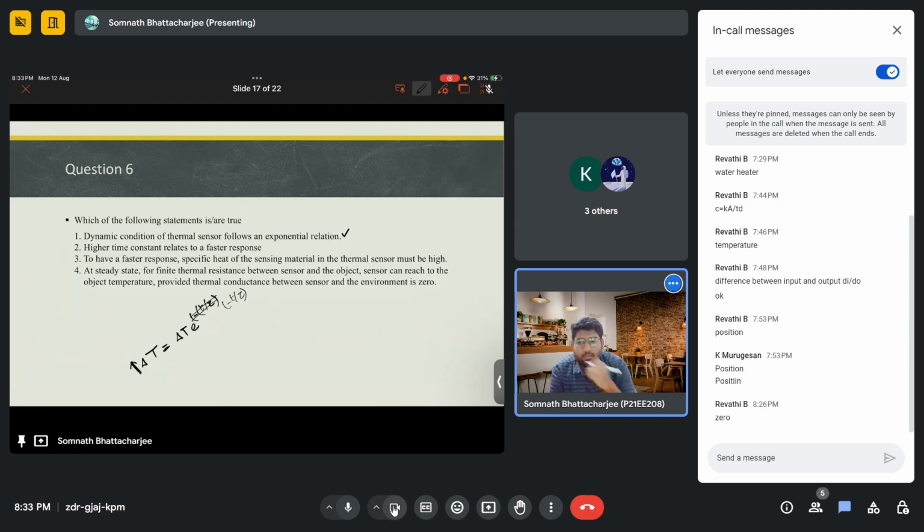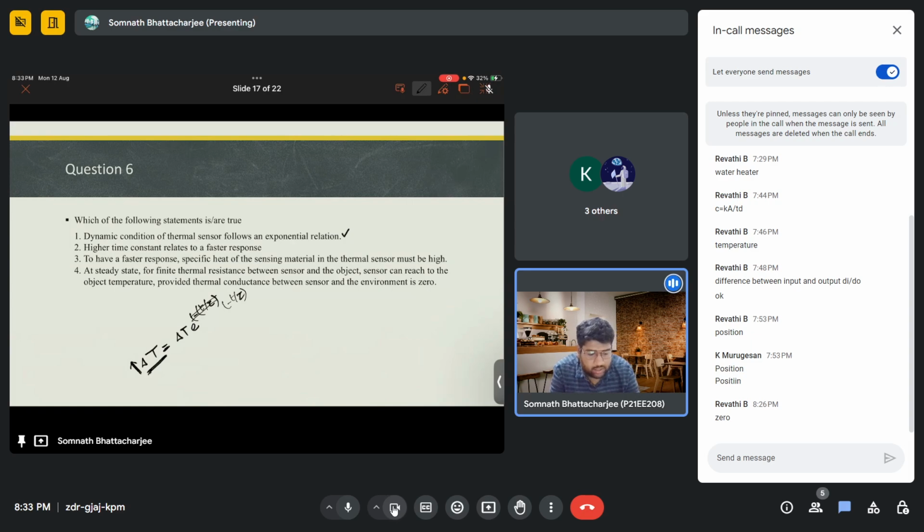To increase this value, what should be the case? If we increase the time constant, that is the tau value, should it increase the del T? Any response? No, it shouldn't actually.